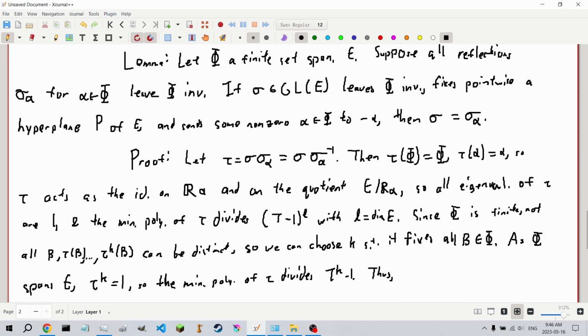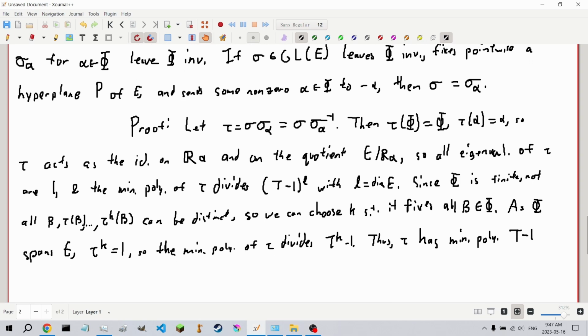Thus, with the previous info, tau_alpha has minimal polynomial t minus 1, being the greatest common divisor of t to the k minus 1 and t minus 1 to the l. So tau_alpha is 1.